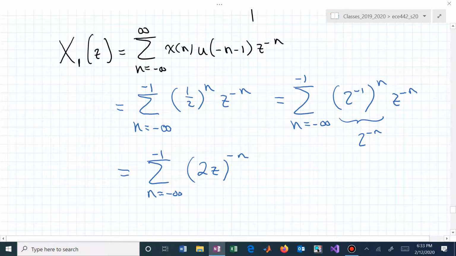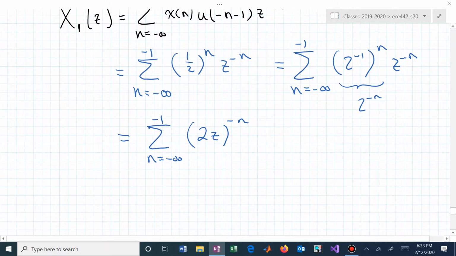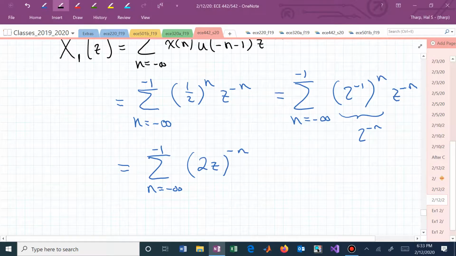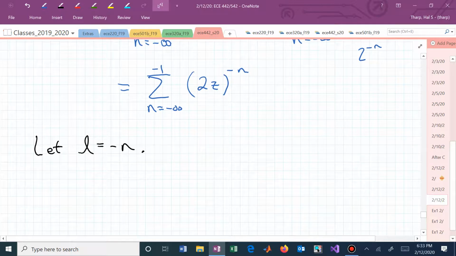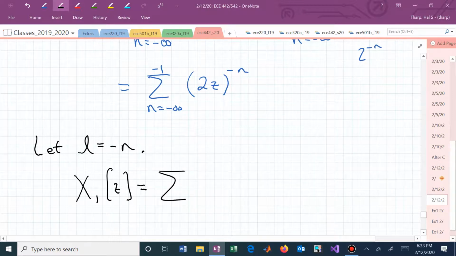And now, oh, that's kind of confusing. We have negative powers, we have negative indices. We could do a change of variable if we wanted to, but in this particular case, well, let's do that. So now let's change minus n and let it equal L. So that capital X sub 1 of z is now this sum from L equal 1 to infinity.